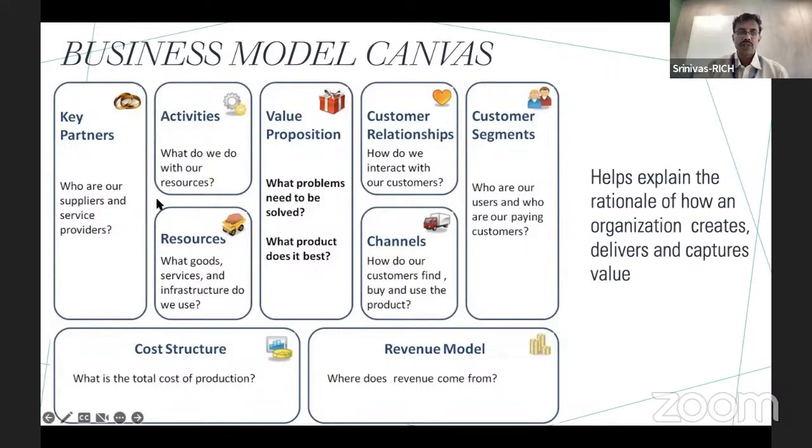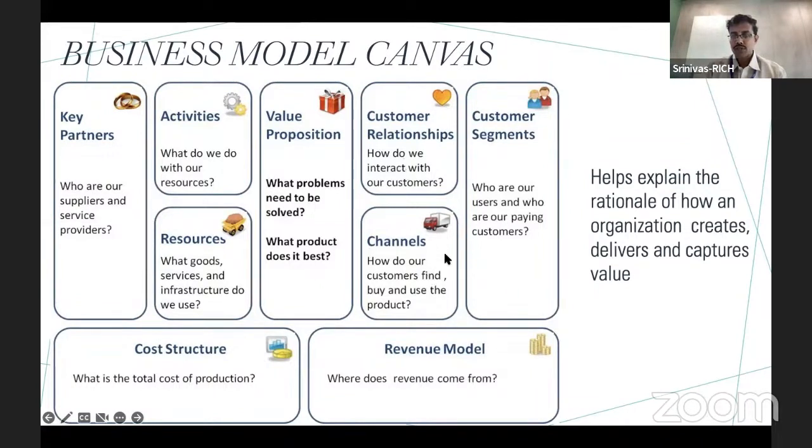So on the left side, you have key partners, your resources, your activities that you do, and what are the products and other things that you offer, right? What is the value proposition that these internal factors offer to the consumer?